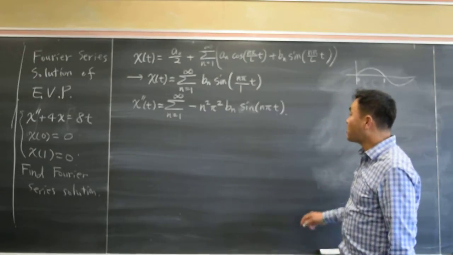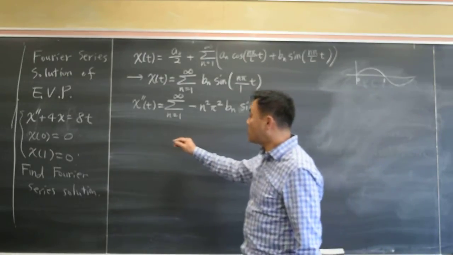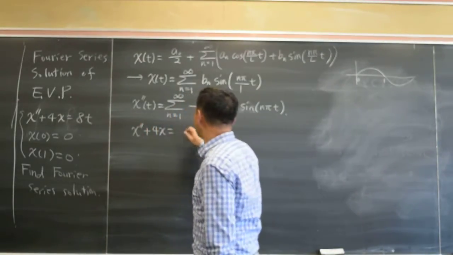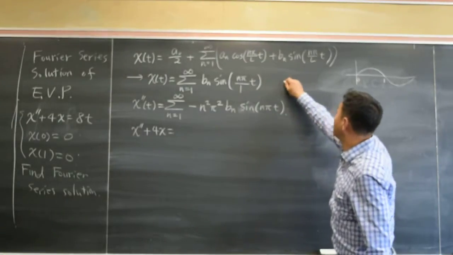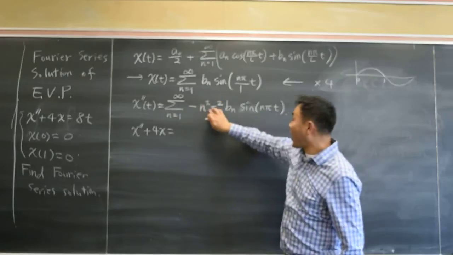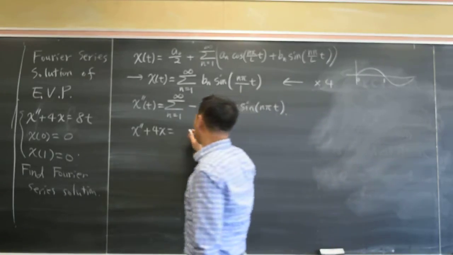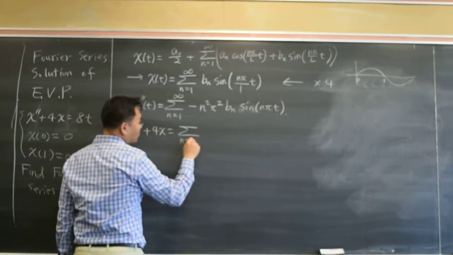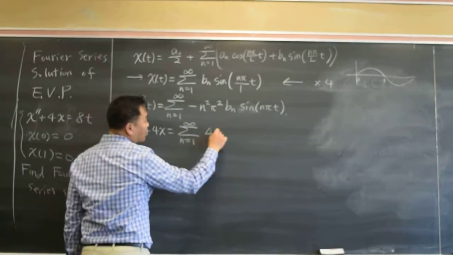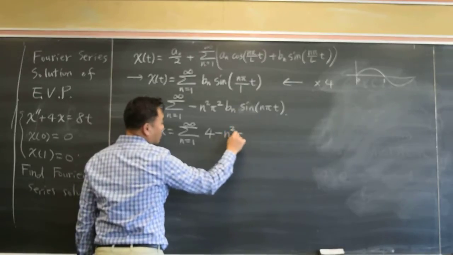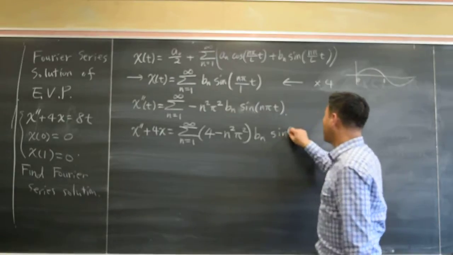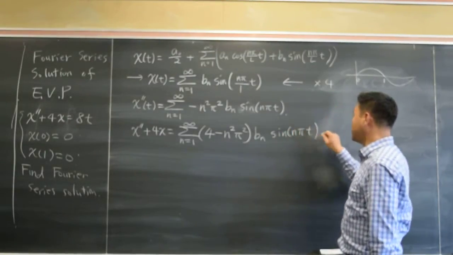Then, what is x double prime plus 4x? Well, you're taking x and multiplying it by 4, so it'll be 4bn, added to this one, so you end up with sigma n equals 1 to infinity of 4 minus n squared pi squared, times bn sine n pi t.